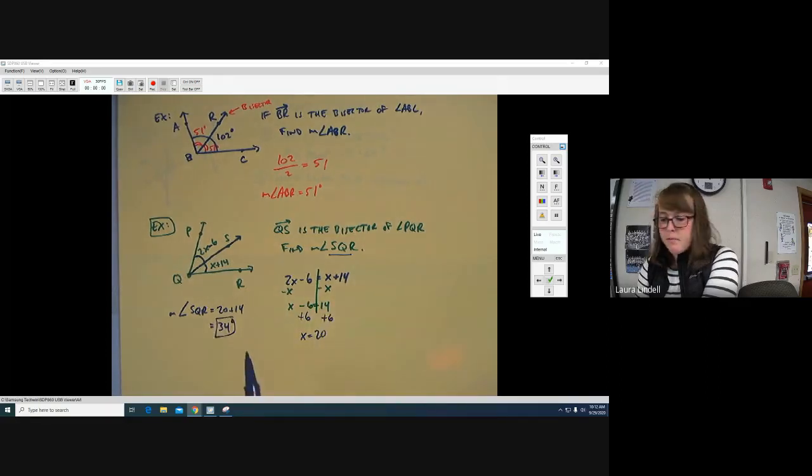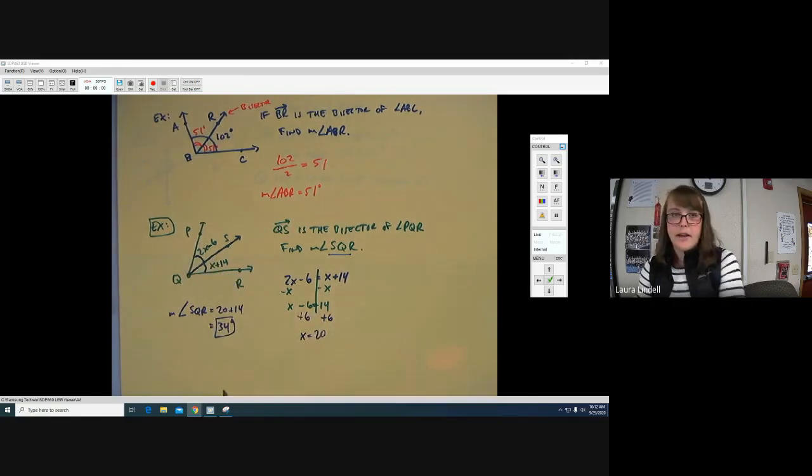If they ask me what the measure of angle PQS is, would I have to plug it back in and do all that again, or do I know already? What would angle PQS be? What do we think? Yeah, also 34.